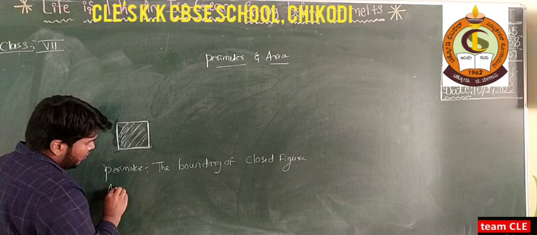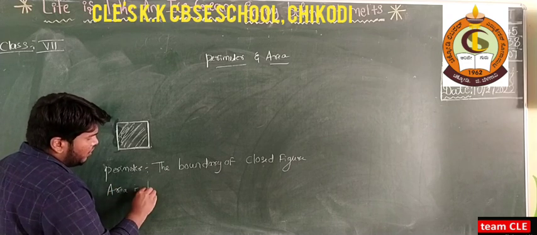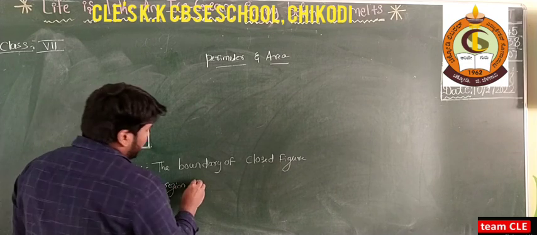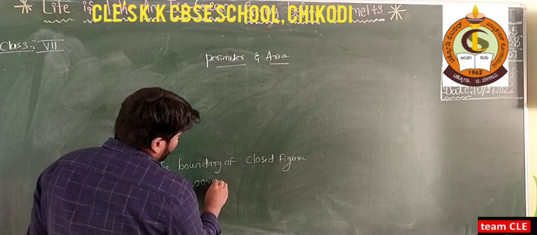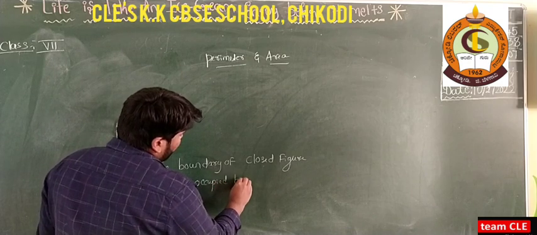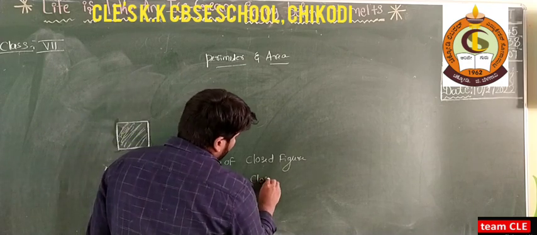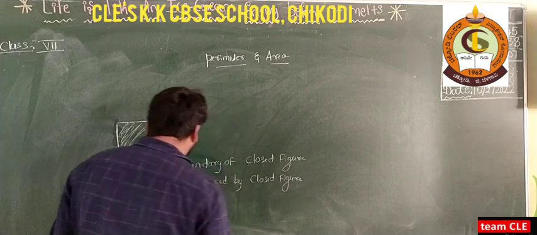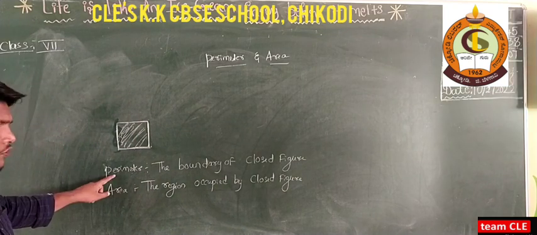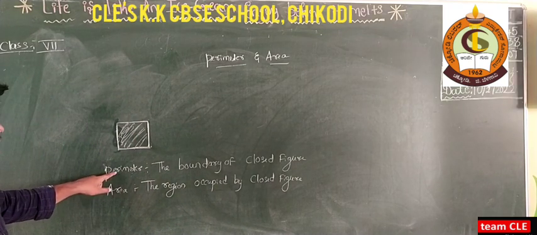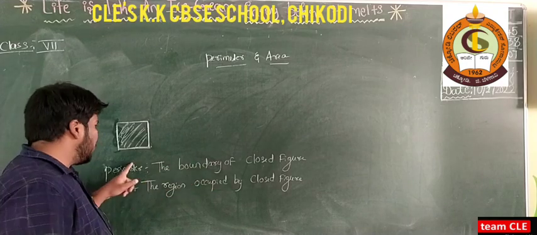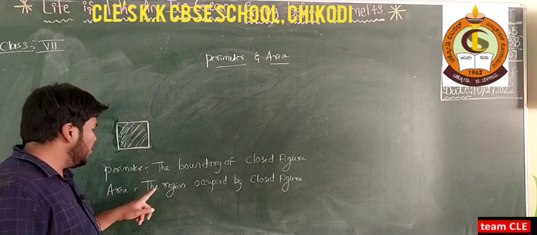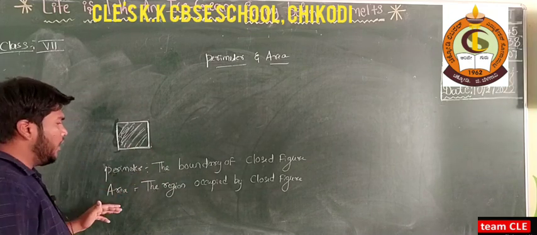And the area: the region occupied by the closed figure is called area. So note down these two definitions. Perimeter means the boundary of a closed figure. Area is the region occupied by the closed figure. So this is about perimeter and area.